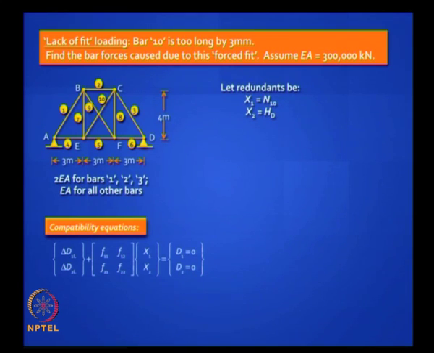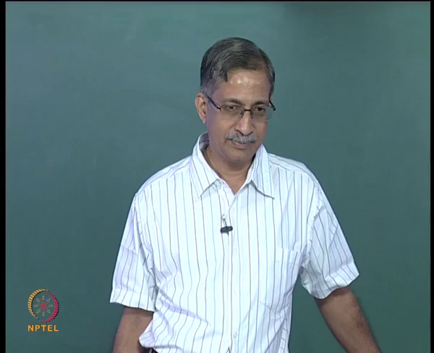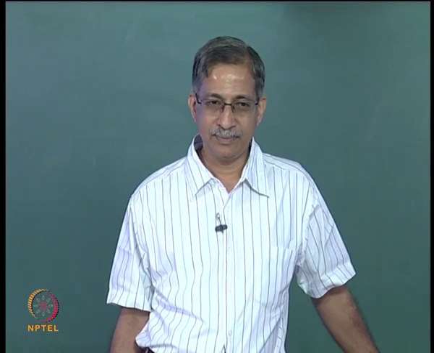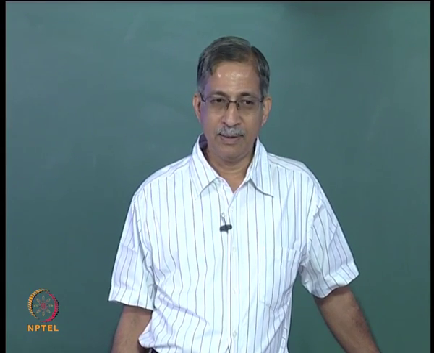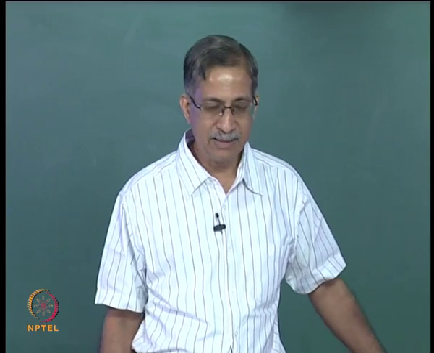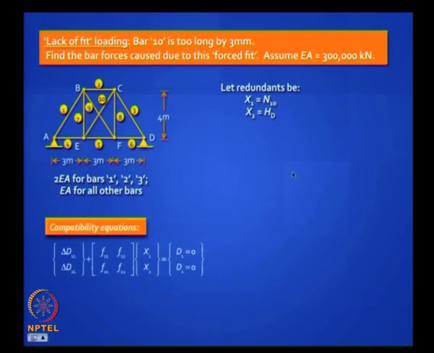This is not as easy as the previous problem where you had a rigid body movement in your beam. How will you find this out? What is delta d1L and delta d2L? What does this physically mean?